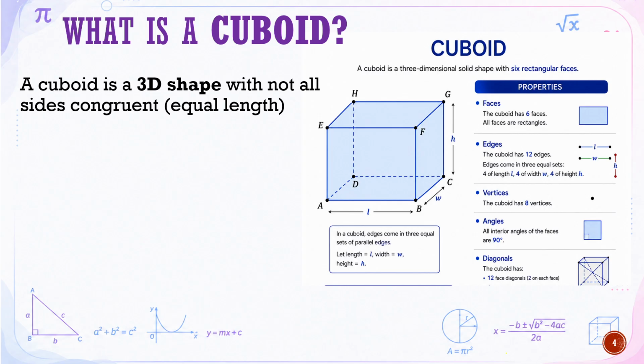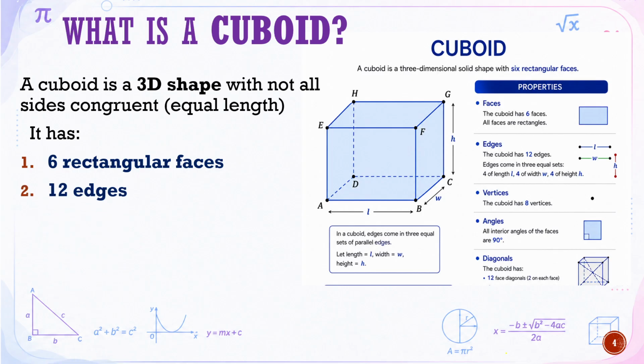It is not going to have square faces, it is going to have rectangular faces. The properties for cuboids are: it has 6 rectangular faces, not 6 square faces. A cube had 6 square faces, a cuboid has 6 rectangular faces. 12 edges and 8 vertices remain the same because eventually it's a three-dimensional shape.